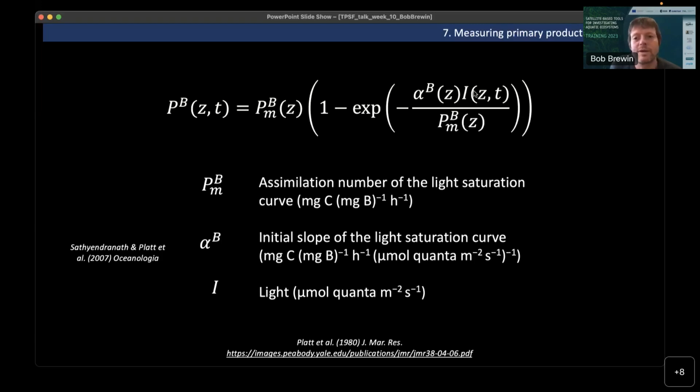Of course, we could look at spectral variations in light. If we had a spectral primary production model, these 2 parameters would also be wavelength dependent, but we're keeping things simple here. So we're dealing with light in the form of PAR, photosynthetically available radiation, so light integrated over the visible part of the spectrum.